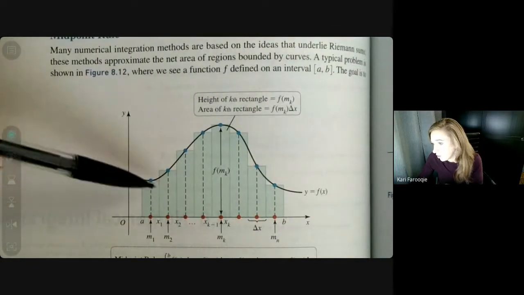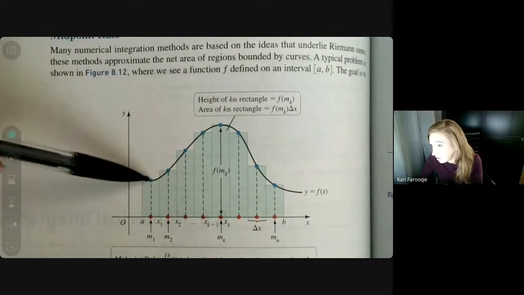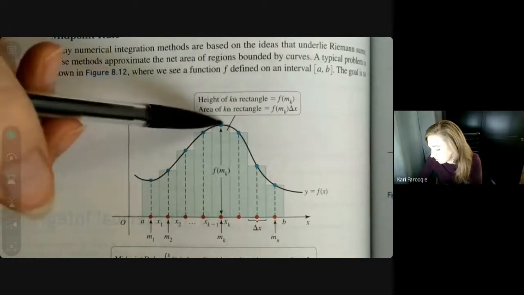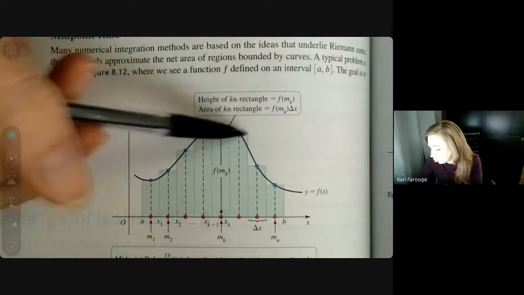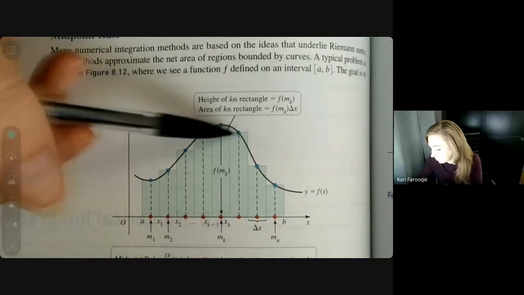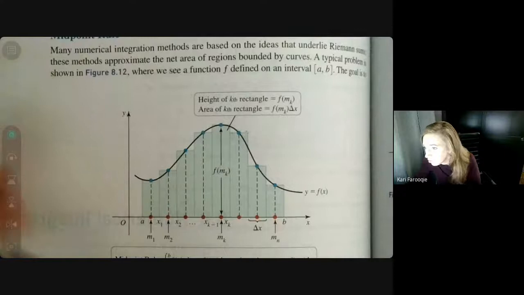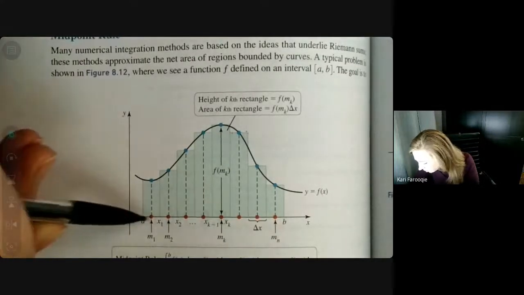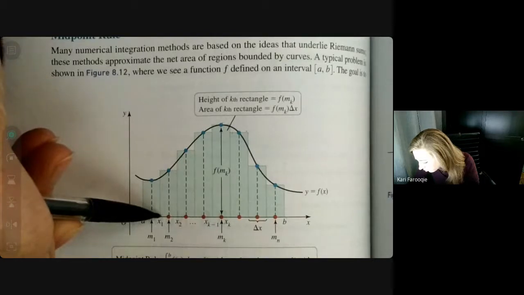It's called the midpoint rule because you're going to be looking at the height of each rectangle as it hits the curve. So you're going to be looking at that center value in between these two partition points. So when you split this up, your first rectangle, for instance, goes from a to x sub 1, and then you're going from x sub 1 to x sub 2.